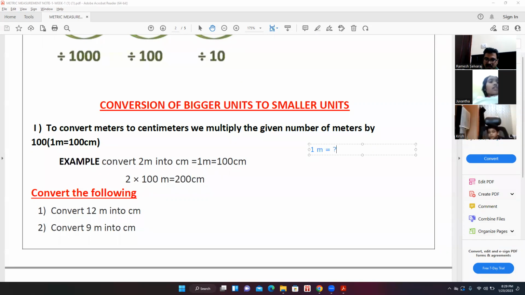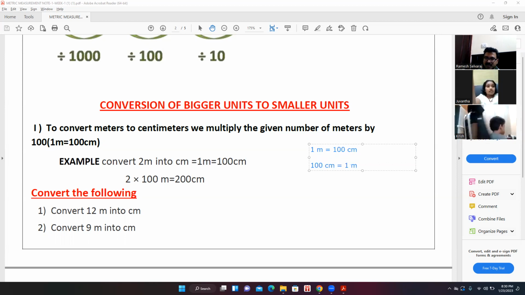What would be your response? 1 meter is 100 centimeters, okay? 100 centimeter is equal to 1 meter, okay? 1 meter is equal to 100 centimeter. Both are the same, okay?